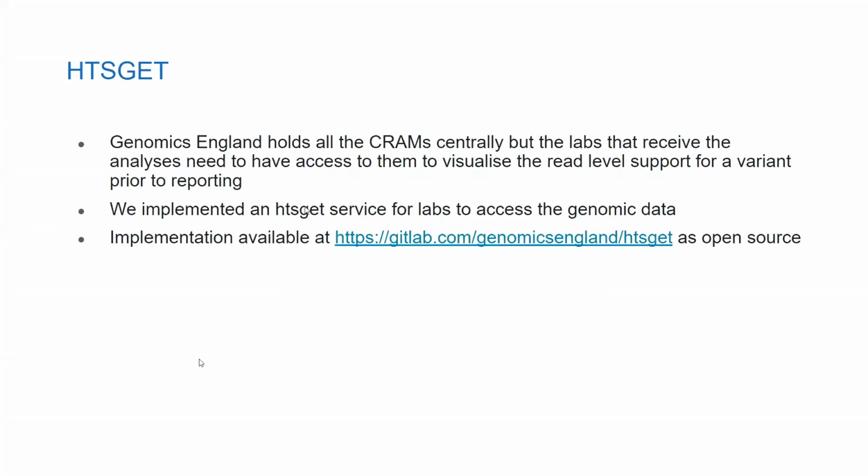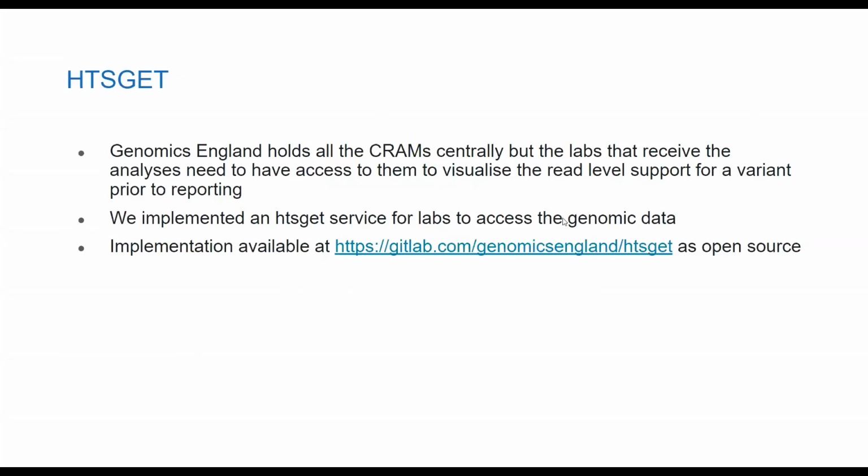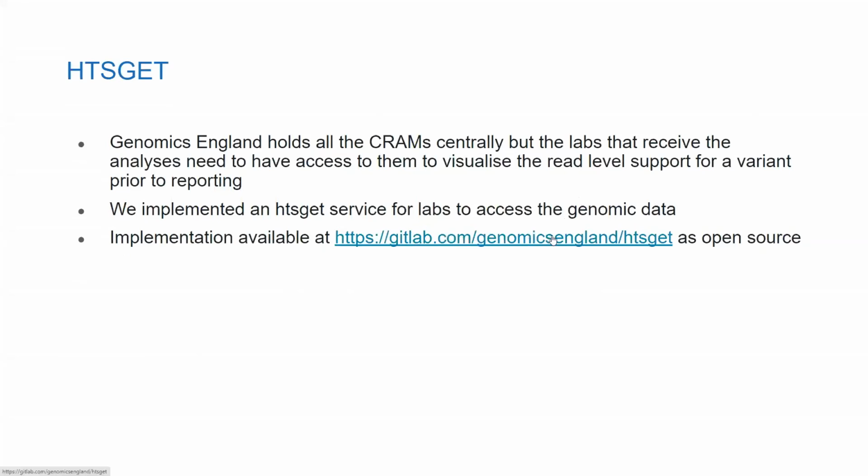And once htsget came across as a standard, we decided to go ahead and use that, and we created an implementation that is relatively well performing. It's open source, and you're more than welcome to give it a try if you're desperately looking for an implementation of htsget for your own solutions. So let me give you an idea of how that works.